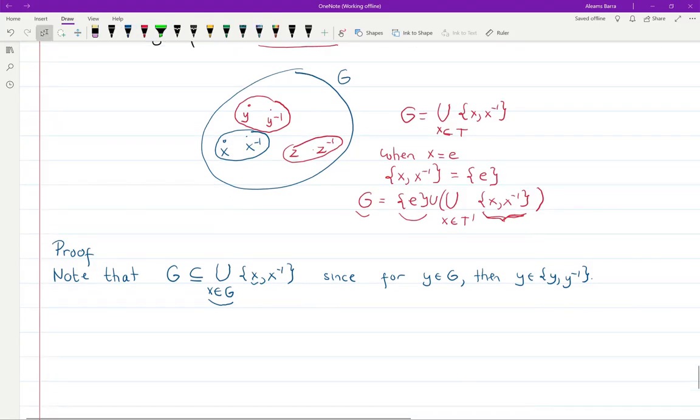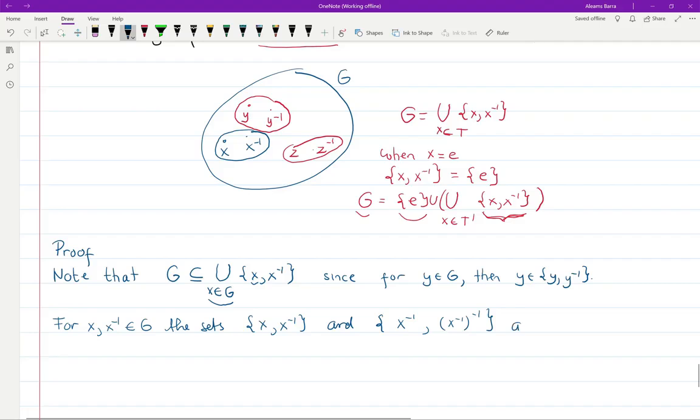Okay, but there is some redundancy. For example, if we take X and X inverse, for X inverse in G, the sets {X, X inverse} and {X inverse, X inverse inverse} are actually the same set.